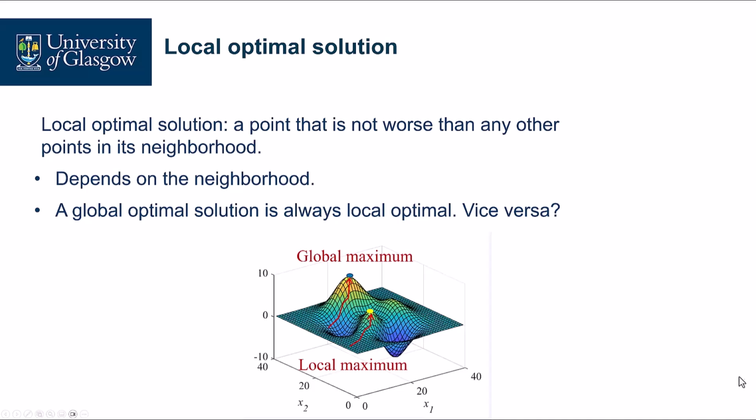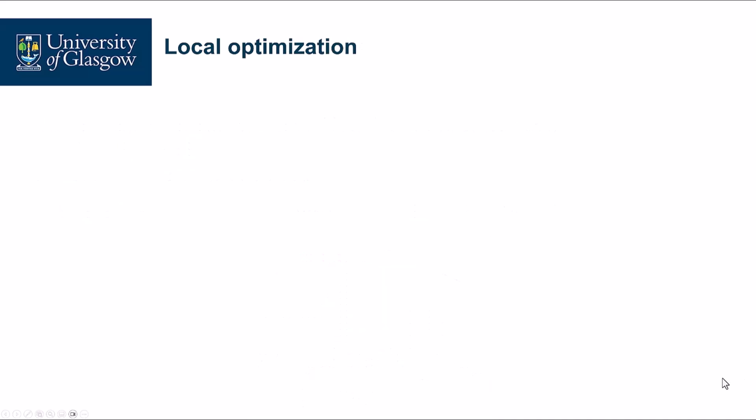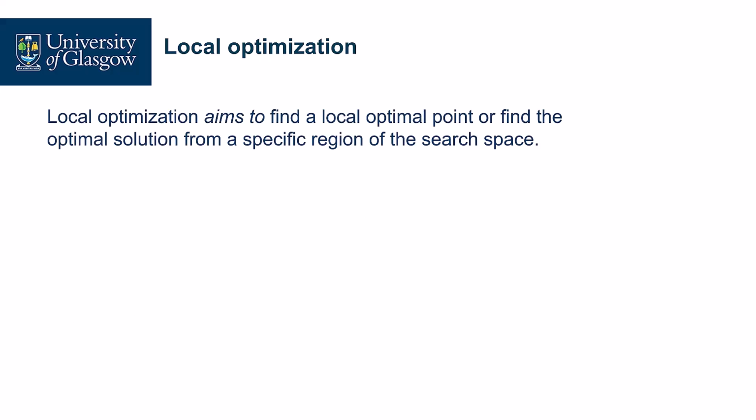So we can talk about 2 kinds of optimization. Let's talk about local optimization first. In local optimization, often we aim to find an optimal point, but this point is local, right? This should be the optimal solution from a specific region of the search space.